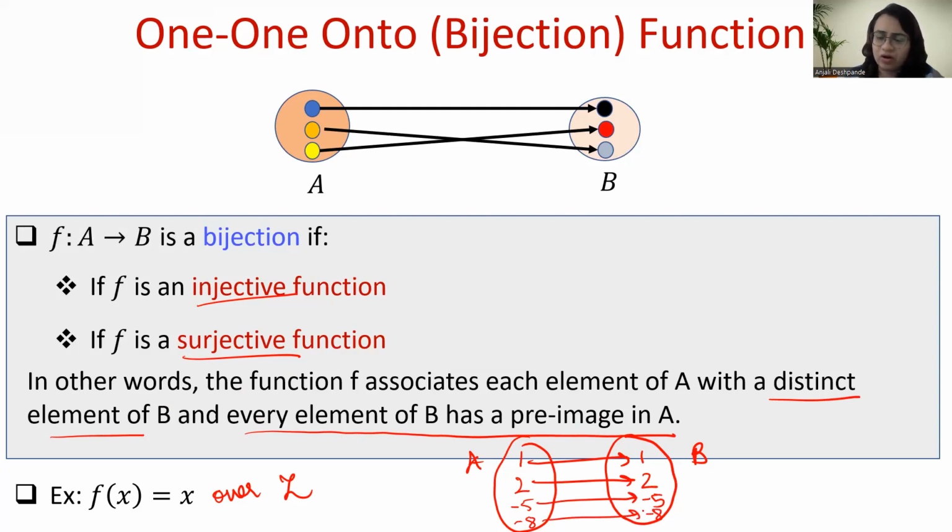So all the elements in A have distinct images in B, and each element in B will be mapped to some element in A. So this is a perfect example of a bijection. So this was about the types of functions.